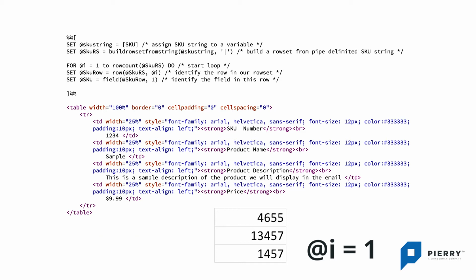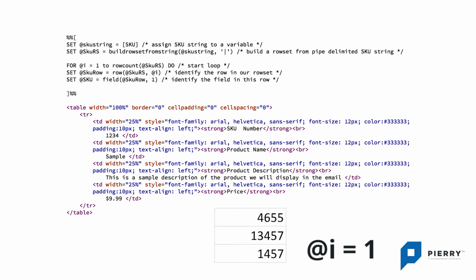If we had generated our row set using lookup rows, it would have produced a header row with field names, to which we could have used the name of that field in quotes as the second argument. More on that later as we'll use this as part of our use case further into the example. So to get the value of the field, we now write set skew equals field skew row 1. Notice that we're naming the variable skew, since that is the data we want to grab from the field.